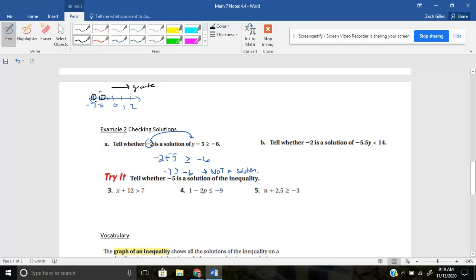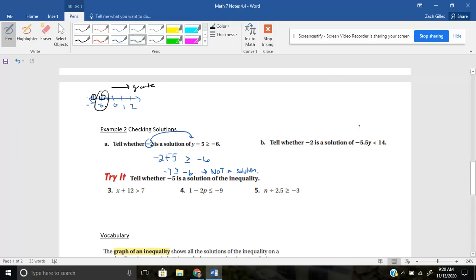So negative 6 is greater than negative 7. Here, this is saying negative 7 is greater than negative 6. No, it's not. I would rather be in debt $6 than $7. So negative 6 is more than negative 7. So negative 2 is not a solution.